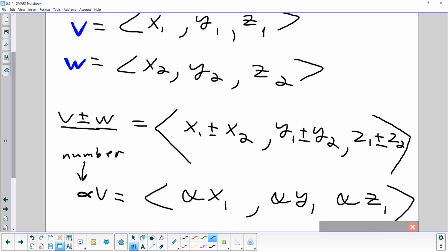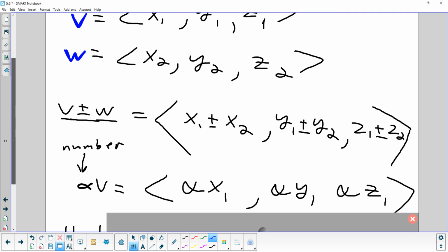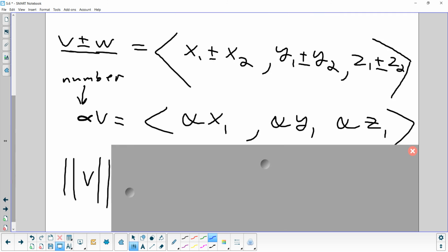And now take the z-axis component and multiply that by your scale factor. So it's just like a distributive property. We only had to do it to x and y in 2D. Now we have to do it to z in 3D. That's a scalar product.